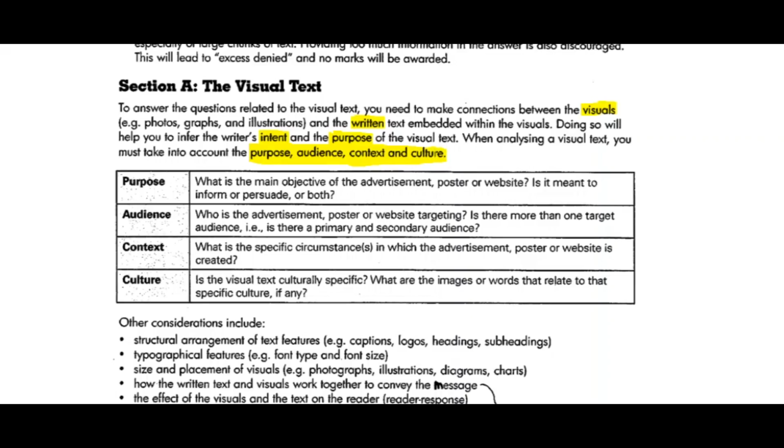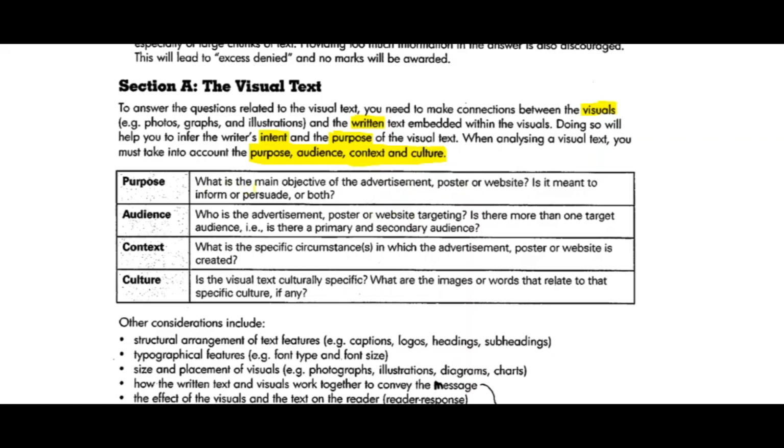So culture is also helpful in helping you to derive the other three components. So purpose, audience, context, and culture are very important. I'll be spending some time in subsequent lessons going in depth into analyzing the text for these four points.